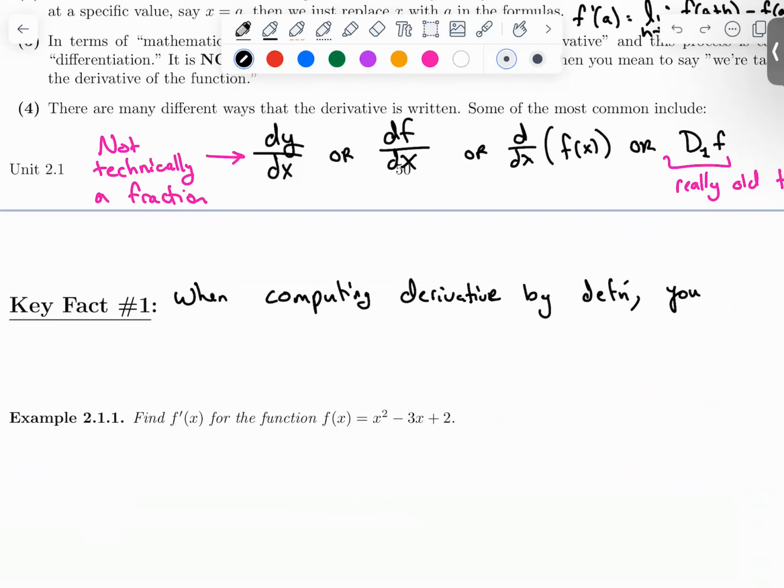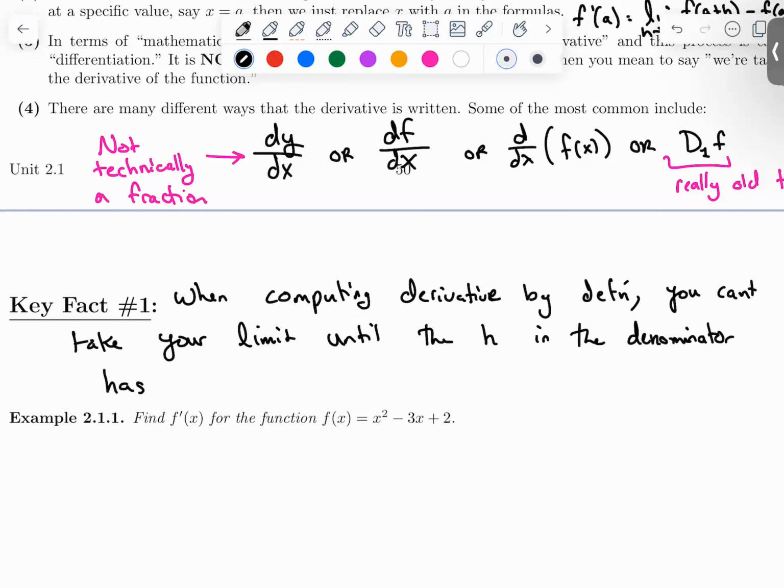You can't take your limit until the h in the denominator has been canceled.